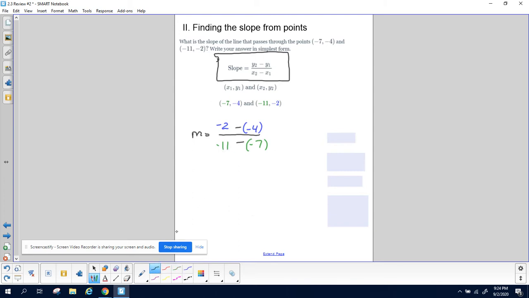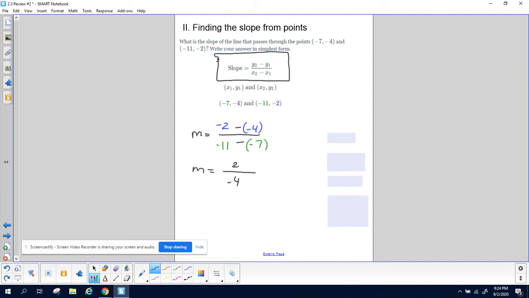All right, doing the arithmetic on this kind of problem, I'm hoping that you practice in your head and check on the calculator. This is really -2 plus 4, which results in a 2. This is really -11 plus 7, which results in -4.